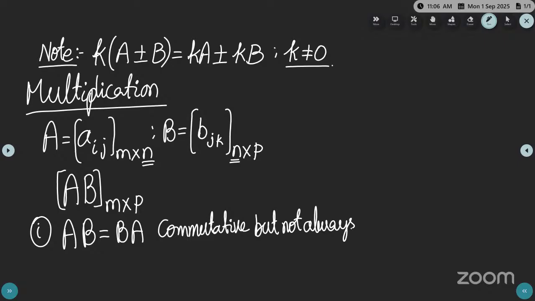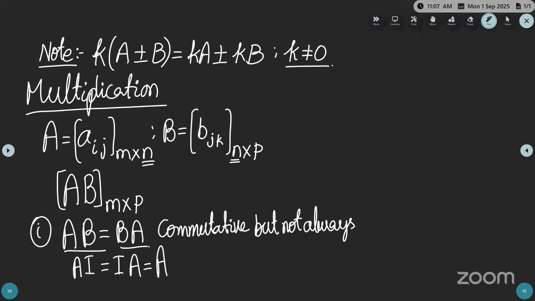Okay. So what are those assumptions, Amma? A into identity matrix equals identity matrix into A equals A. It is commutative, but not always. Okay. AB, BA may exist, but may not be equal.